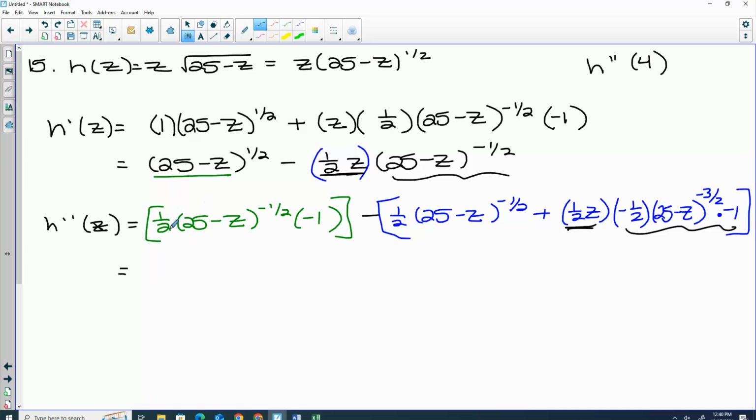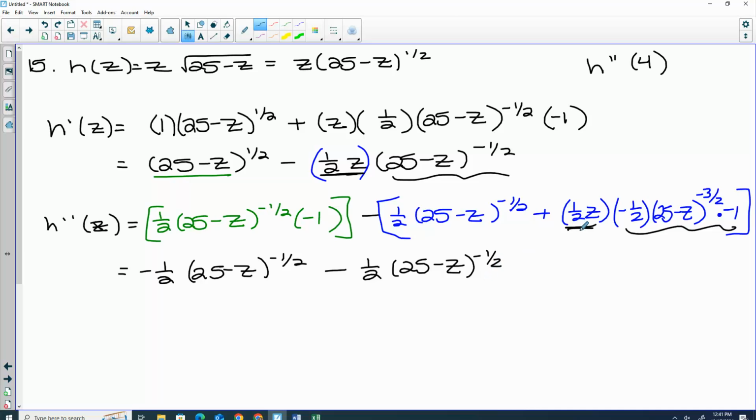So this will give me a negative 1/2 times 25 minus z to the negative 1/2. If I distribute this negative, that's minus 1/2 times 25 minus z to the negative 1/2.